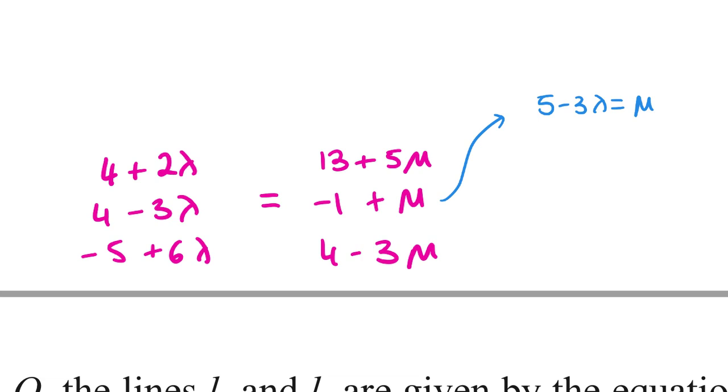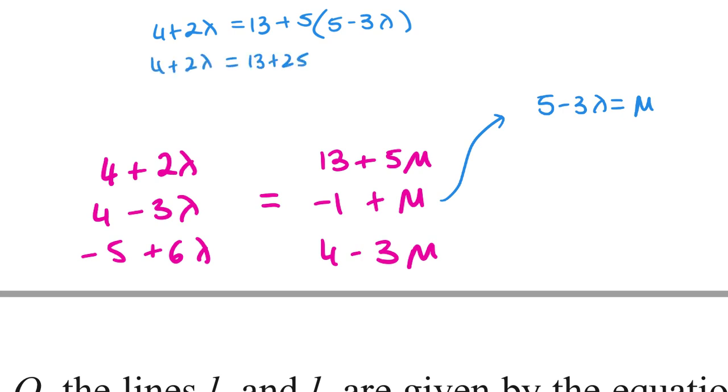They do intersect, so we know that we're going to have the same values. So we're going to have 4 plus 2 lambda equals 13 plus 5 lots of (5 minus 3 lambda). So 4 plus 2 lambda equals 13 plus 25 minus 15 lambda.